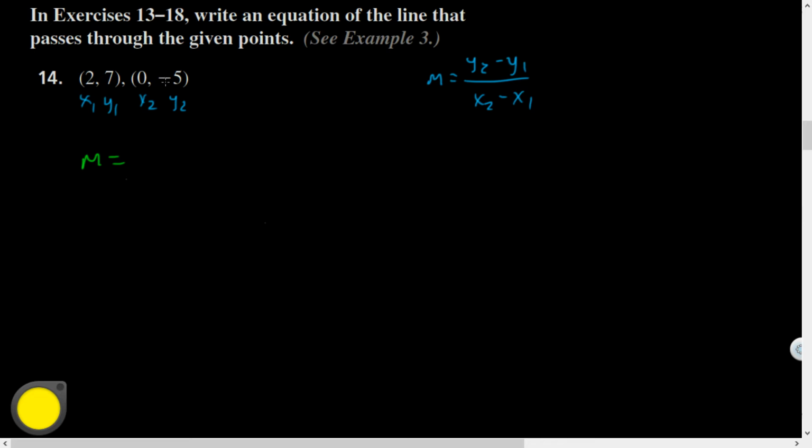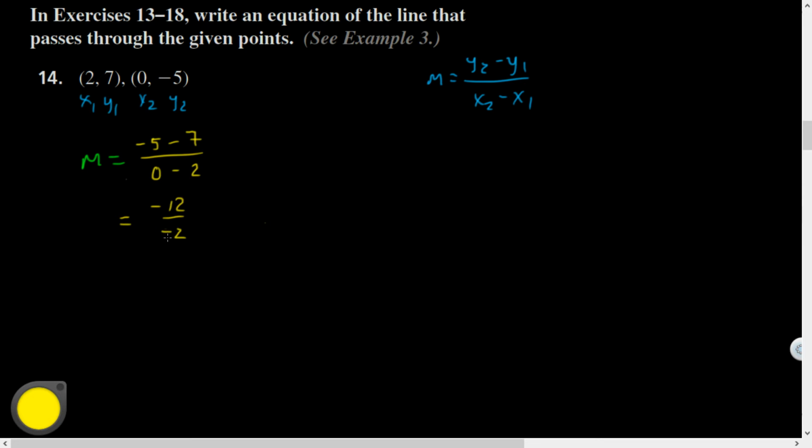So m equals, let's see, computing. y2 was -5 minus y1 was 7, over x2 is 0 minus x1 is 2. So calculating, right? The ballistics lab isn't the fastest, but that's okay. -5 minus 7 is -12. 0 minus 2 is -2.